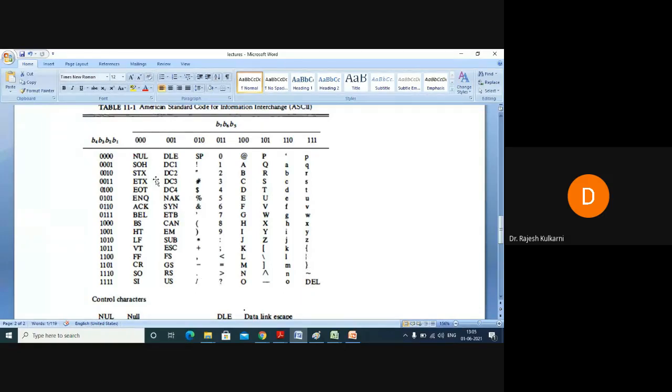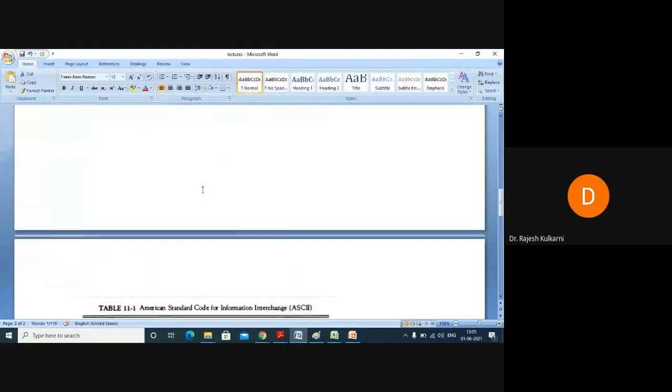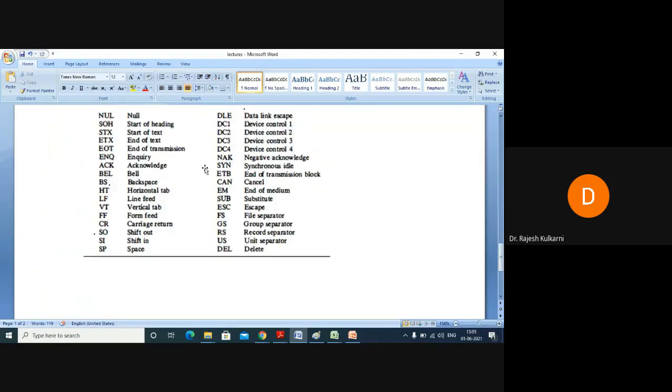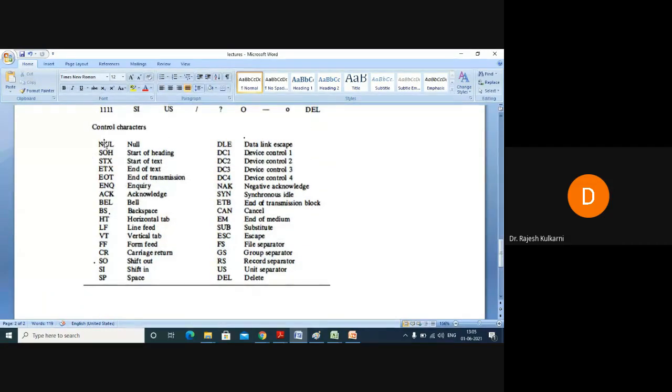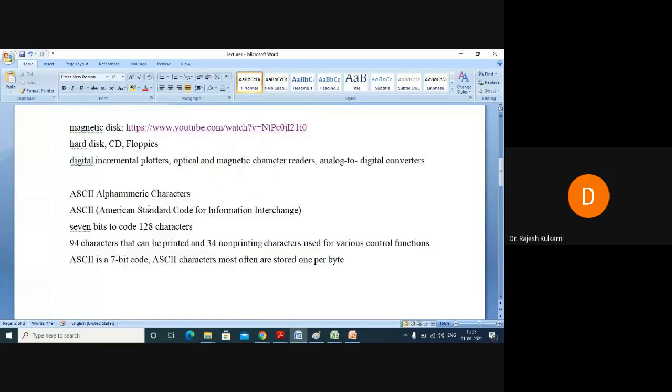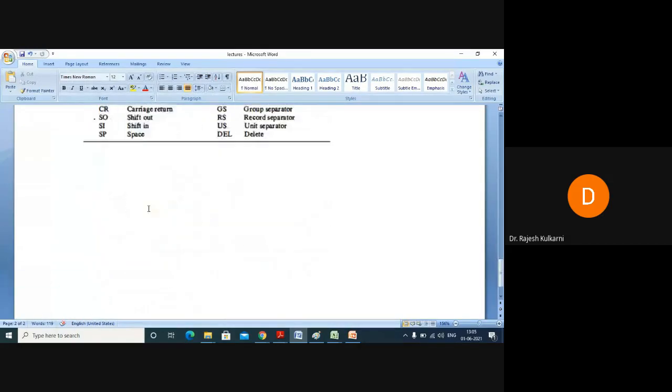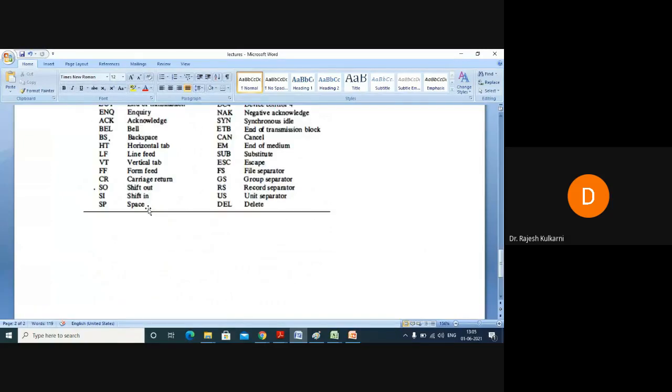If you count this, it will match the 94 characters and 34 characters. And you have these non-printable characters also, for example, start of text, STX, written in short form here. This is basically your ASCII table, and these are also called the control characters.